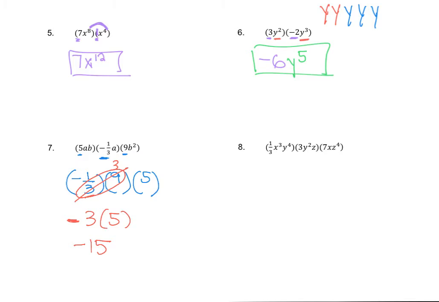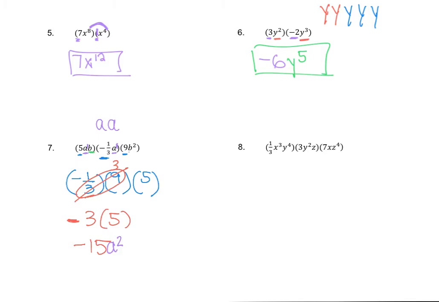Now I have to go back up and do my letters. So I have to worry about my letters. So I have A, and I don't have an A in my last parentheses. So A times A. Well, the first A has a 1 on it, and my next A has a 1 on it. So I have one A and another A. So I have A to the second. All right, now I have to worry about my B's.